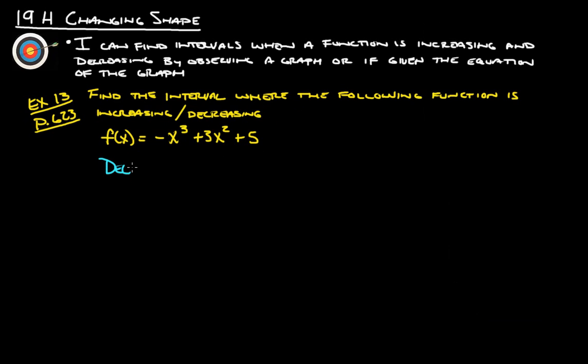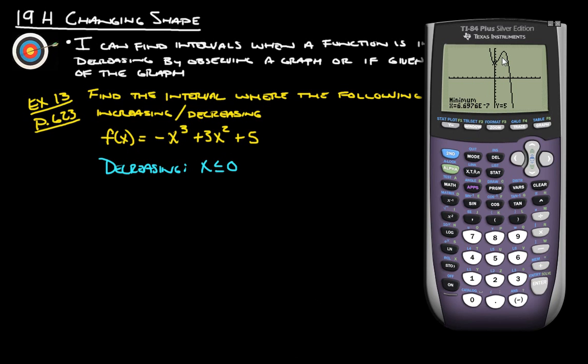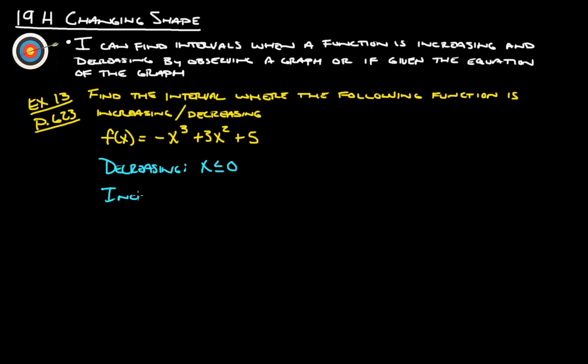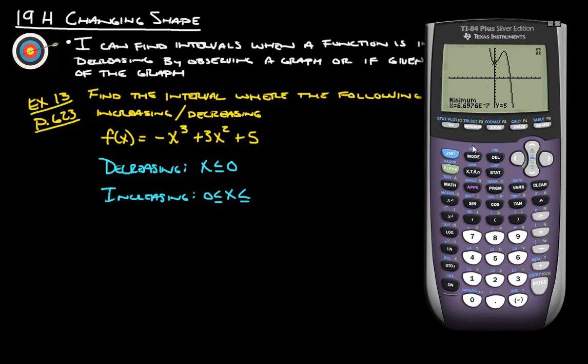So decreasing when x is less than or equal to 0. And then let's see what that maximum is, and that's the point from 0, so increasing when x is greater than or equal to 0 but less than or equal to, let's figure out what that other point is. So we're going to calculate the max there.